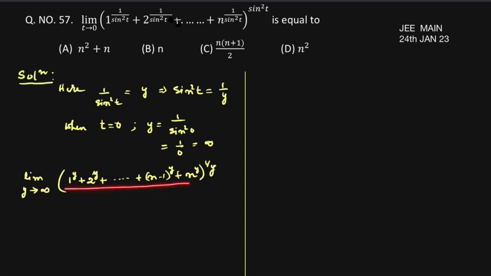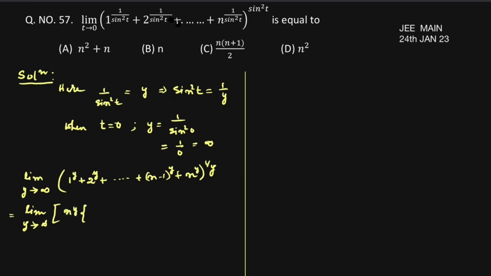Now from this we are able to take n to power y as common, which is equal to limit y tends to infinity, n to power y.